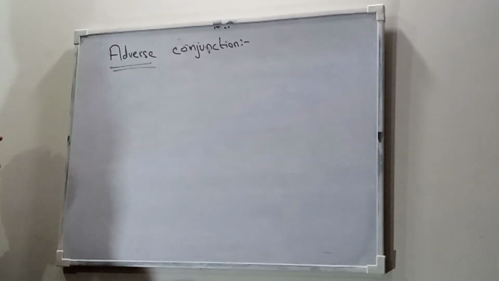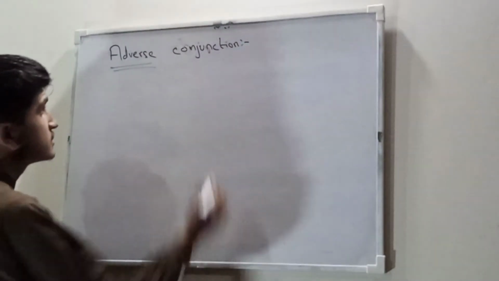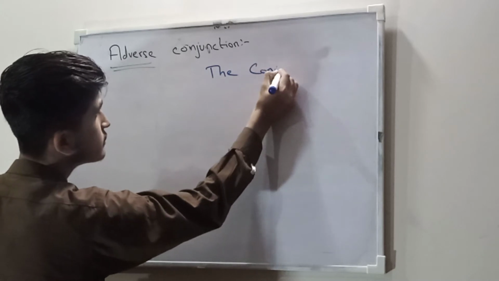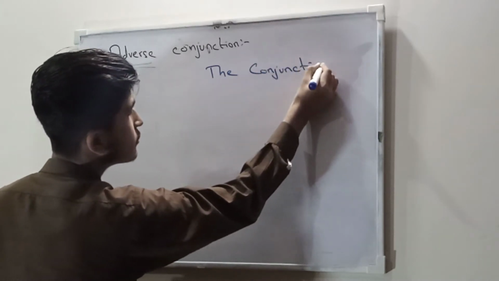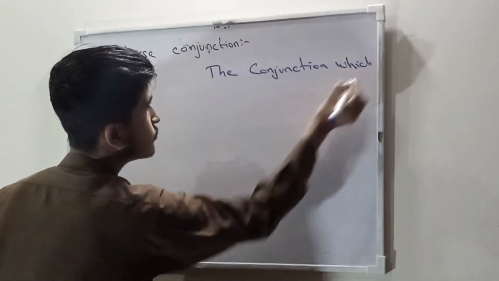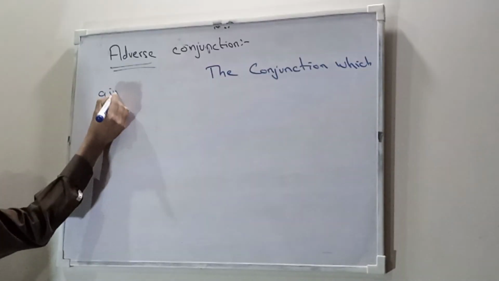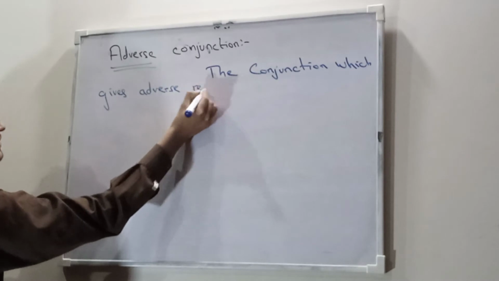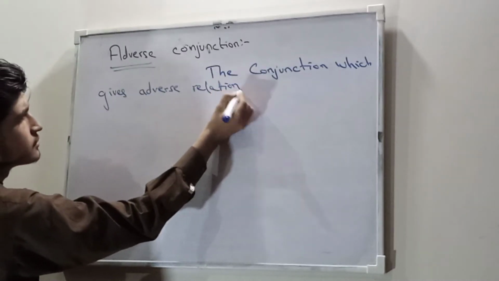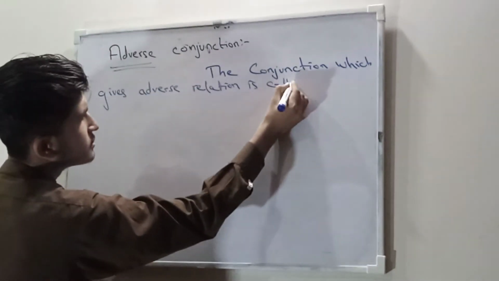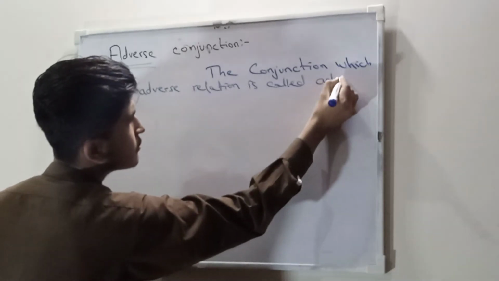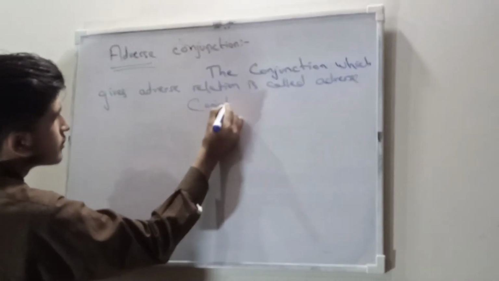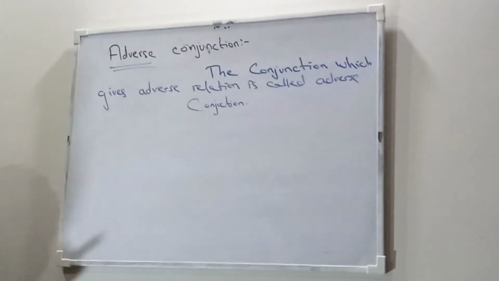First you write the definition of adverse conjunction: the conjunction which gives adverse relation is called adverse conjunction.